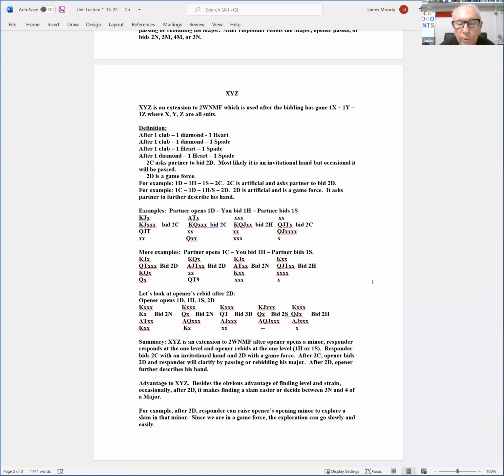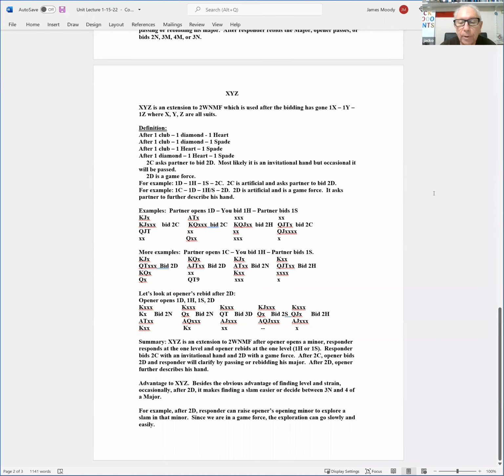You don't show whether you're 11 or 12 or 14, because partner put the game force on and we can work that out later. On the third one, partner's bid 2 diamonds, and what best describes my hand? Well, I think 3 diamonds is the best to describe your hand. Partner knows you're 5-4 and doesn't know you're 2-2 yet, but we can figure that out.